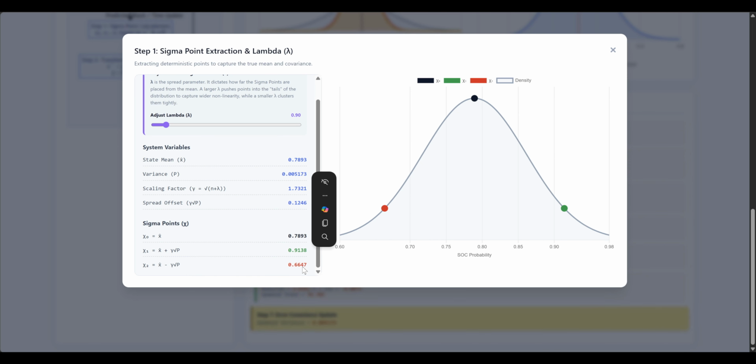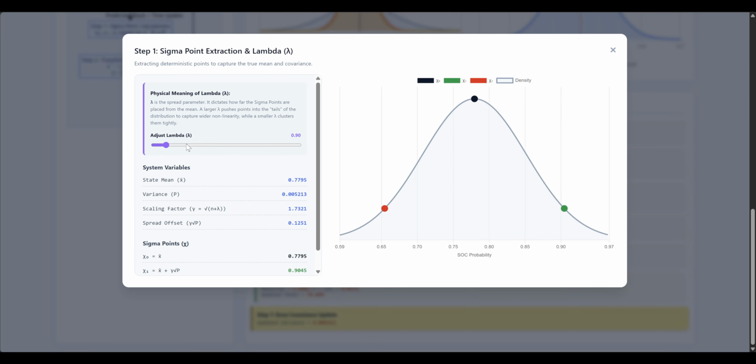Based on these dynamics, you will be able to estimate the SOC in a more accurate way, because this is a non-linear system for which you are trying to estimate the SOC. Because of that, these types of calculations will help, as they adapt dynamically and do the calculation in the right way.